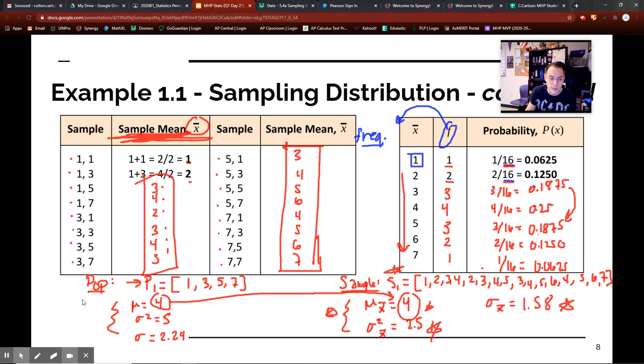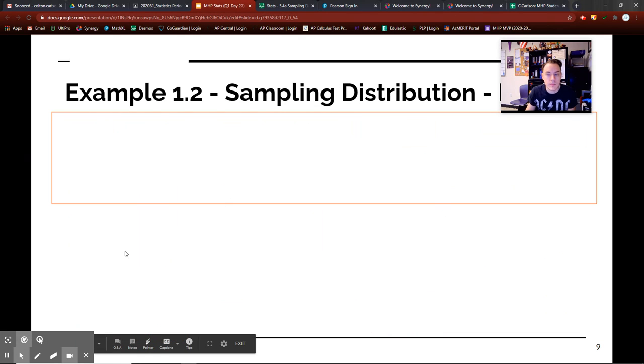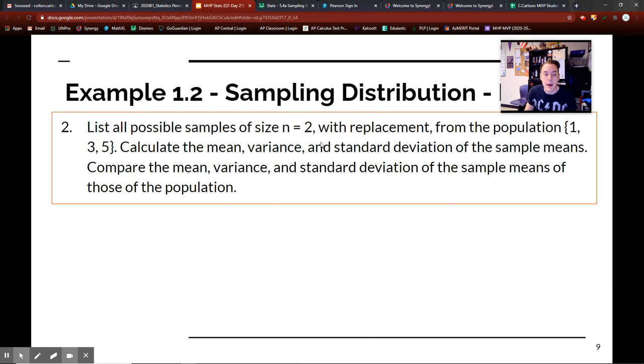So example 1.2. I'm going to list out all of the possible samples of n equals 2 again from the population of 1, 3, and 5. So instead of 1, 3, 5, and 7, I'm just doing 1, 3, and 5. Okay, calculate the mean, variance, and standard deviation of the sample mean.